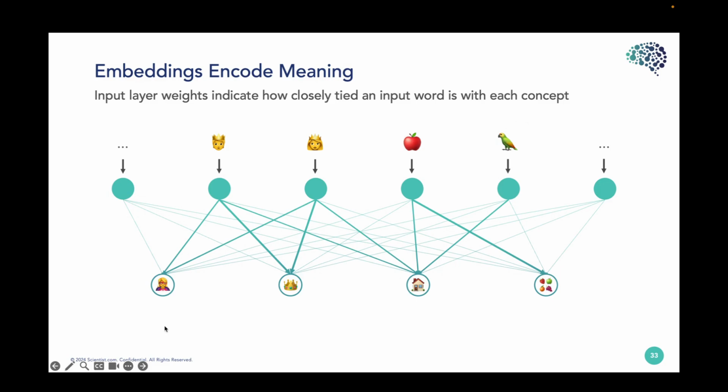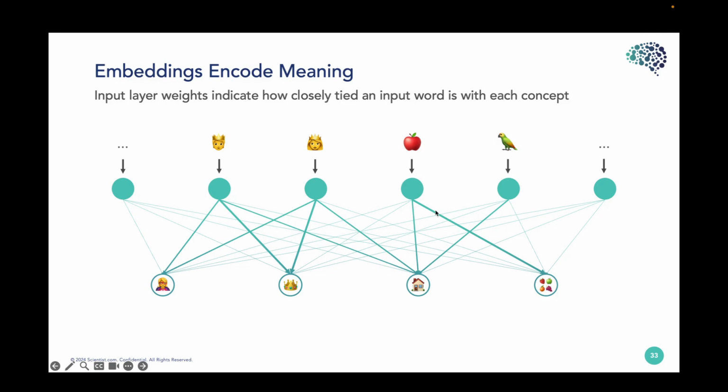Or put another way, how tightly coupled each word in our vocabulary is to each concept that our network is encoding. So if you were to just look at these 4 words with these 4 nodes, you would end up with embeddings of 4 dimensions or 4 numbers. So you would have a number that links queen to female, queen to royalty, queen to home, and queen to fruit for whatever reason. And likewise for the other words.